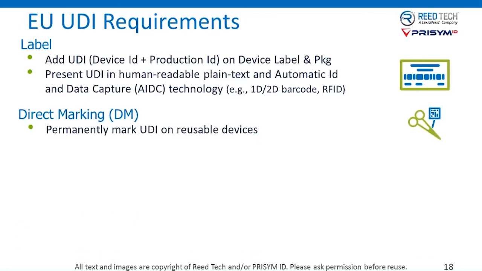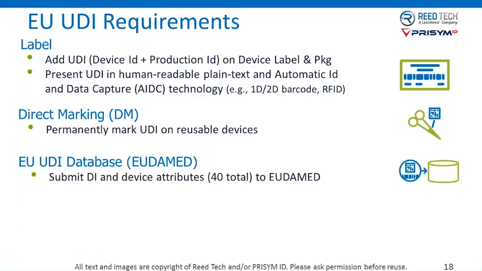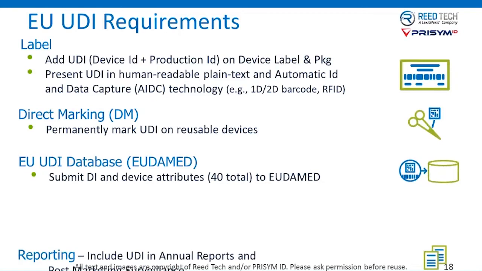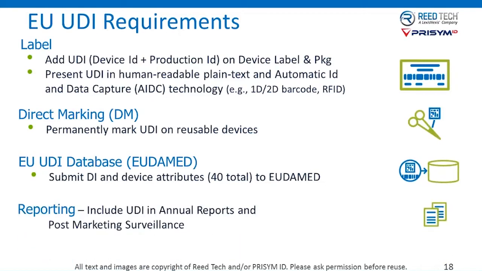And then there's a direct marking concept. Now for reusable devices, there's a database, which we had alluded to earlier, for storing and managing this information, making it publicly available. And there's also reporting for post-marketing surveillance and other activities where UDI would be included. So at a very high level, there are a lot of similarities in what the EU regulation has to say.